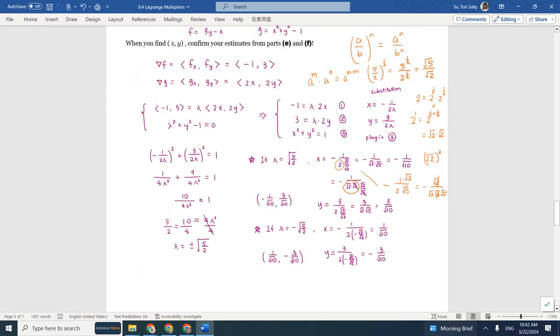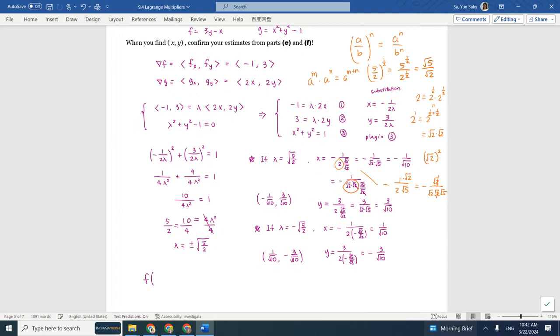So we plug in f. Let's plug in f. So f of the first point, negative 1 over root 10, 3 over root 10, is, do you see f is 3y minus x? And 3y, what is y?